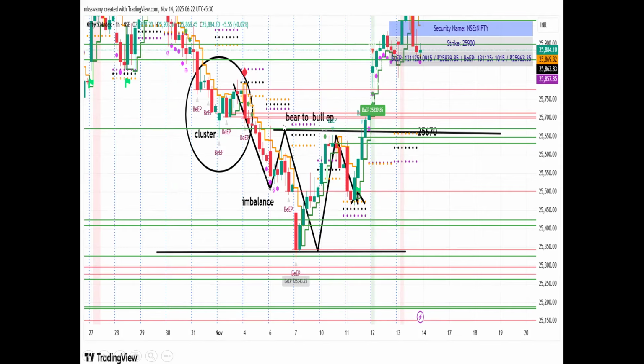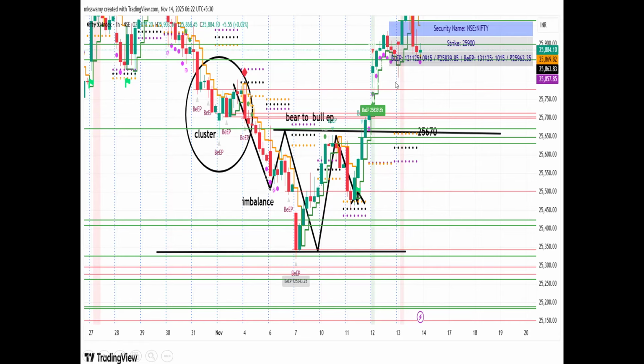It came down, and this is the beginning of A, where bear EP started, and finally it retraced back. You can see all the CPRs were descending. Finally, the market took support around here and retraced.